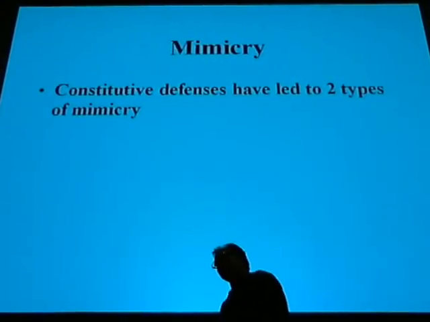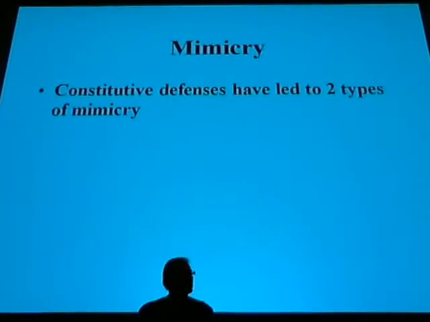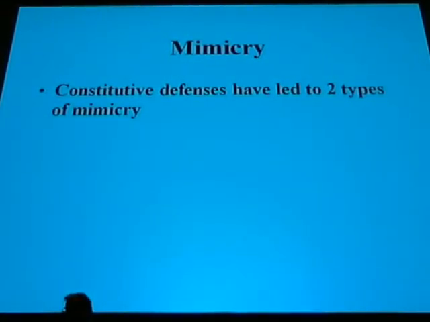Or you can look like something else because you want someone to think you're like that something else, so they won't mess with you. So one is truth in advertising, and one is a form of communication that we've learned to know as deception, right?